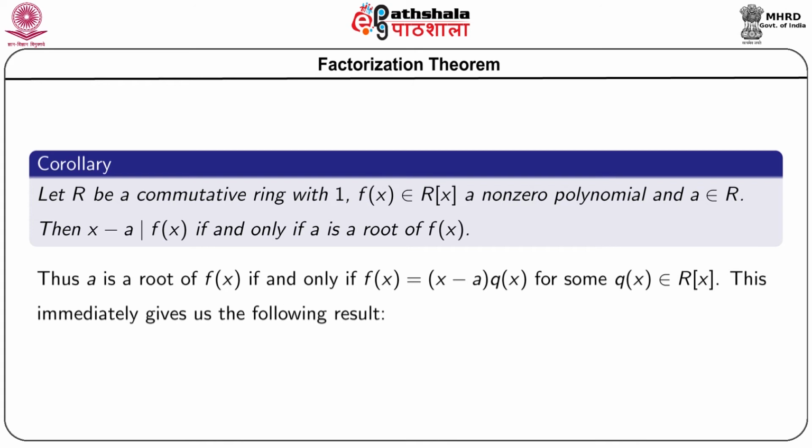Actually, x minus a divides f(x) if and only if a is a root of f(x). Thus, we see that the natural consequences of the division algorithm, like the factor theorem and remainder theorem, hold for polynomials over a commutative ring with 1.